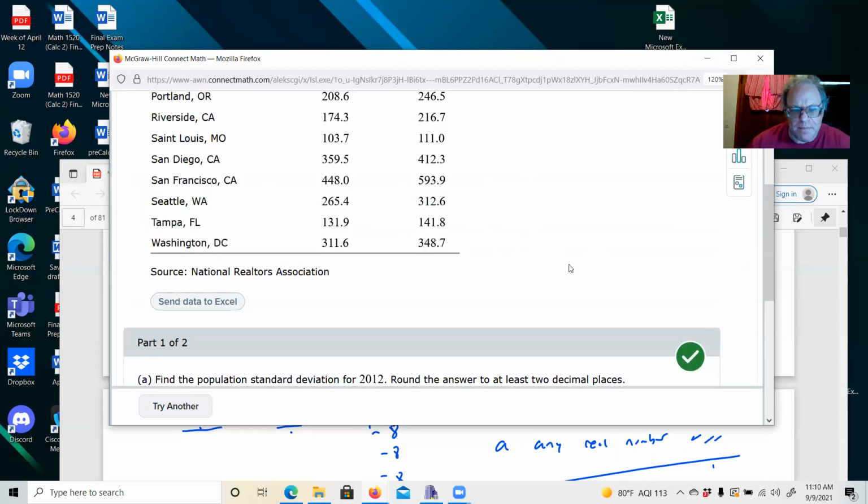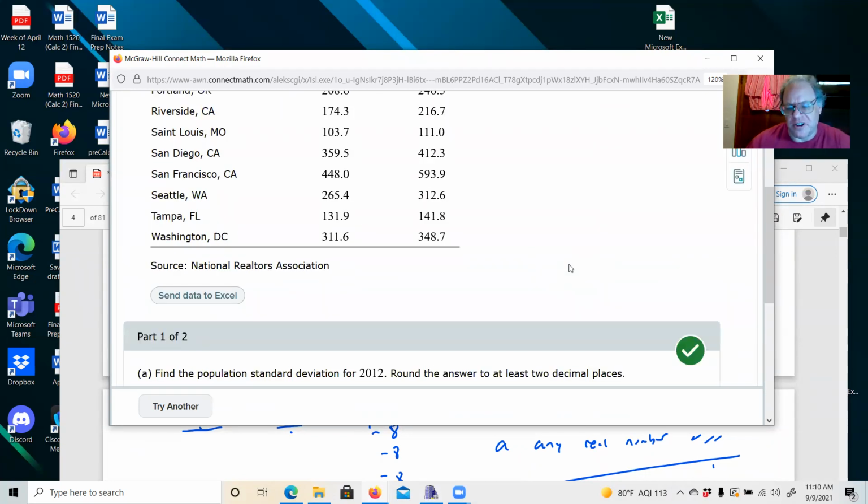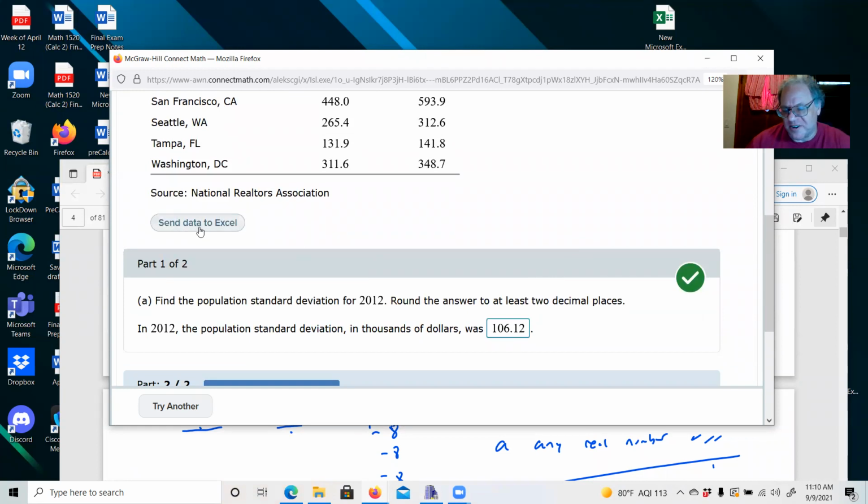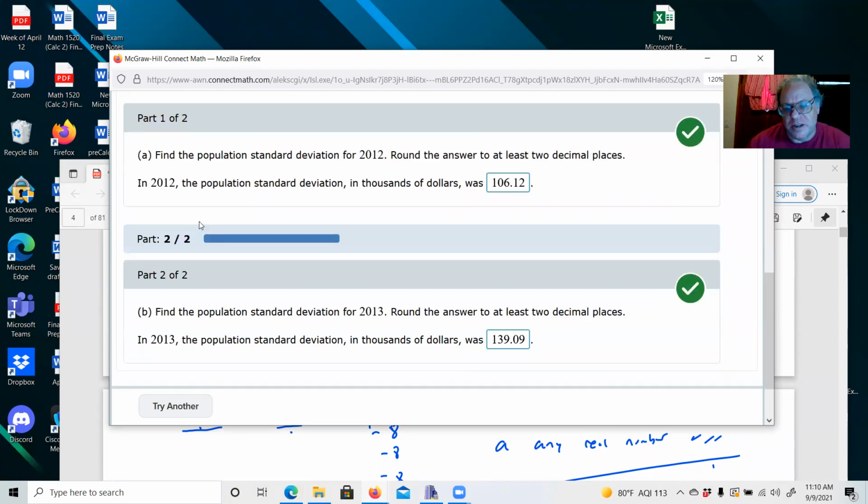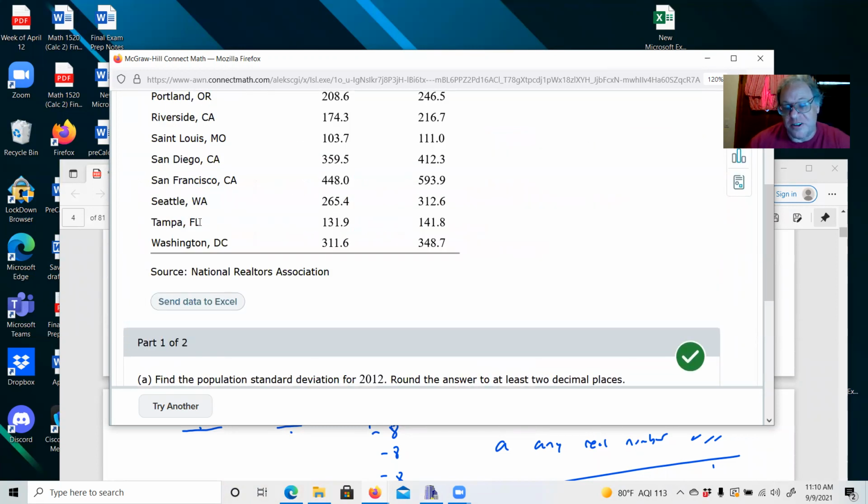Great. Let me show you the other thing that they're going to do. See this button, send to Excel? Use this to help you check. Don't do the problems this way, because when you're doing a quiz, you're not going to have this button.